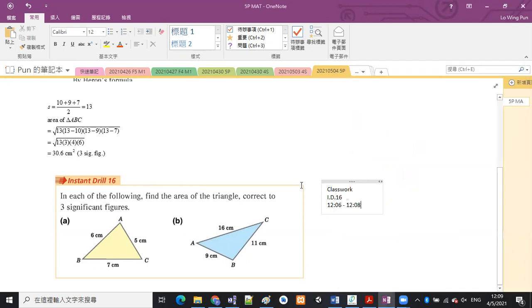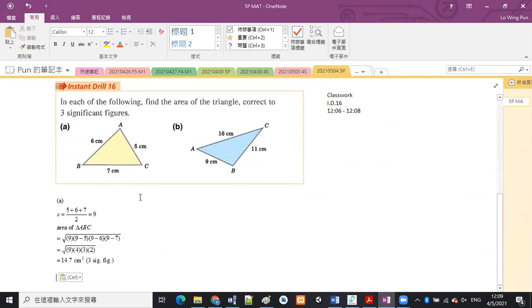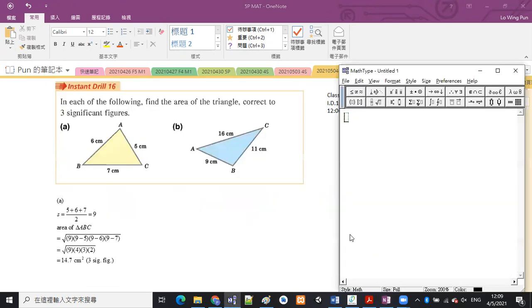Are you correct? Then part B. So S is equal to 16 plus 11 plus 9 divided by 2, and that should be equal to 18. The order is not important. Can you find S equals 18?